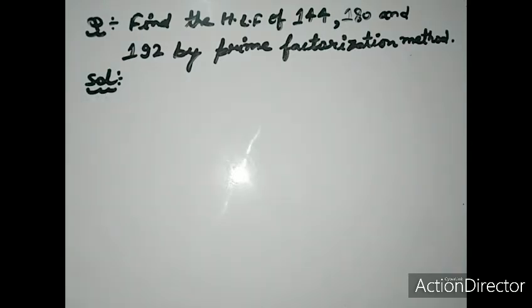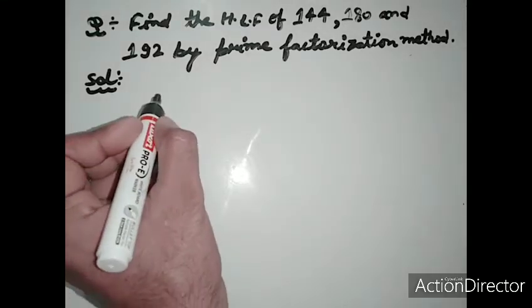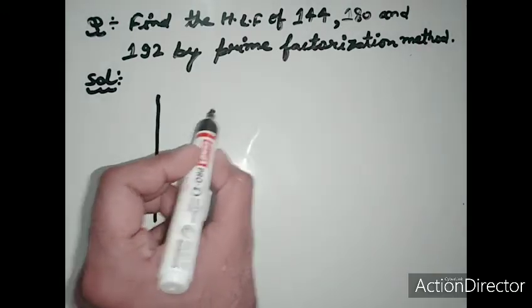Okay, so here first we find the factors of 144, then 180 and then 192. So here first we write the prime factorization of all three numbers. Okay, so here first we find the factors of 144.